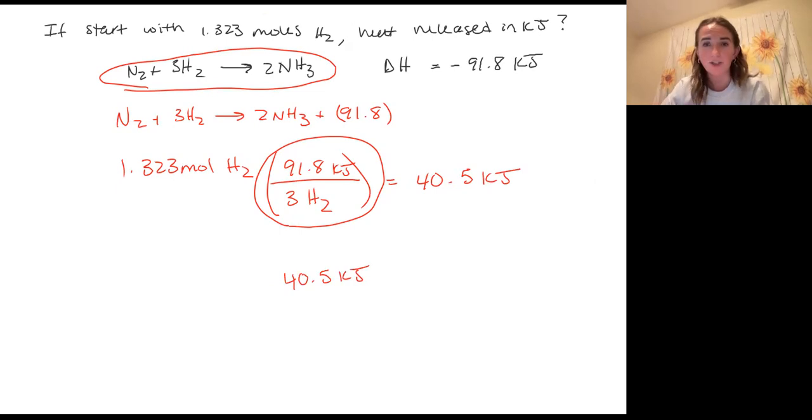So Maddie, it can either be positive and then you say it's produced, or you can just say negative 40.5 kilojoules. You don't want to say negative 40.5 kilojoules are produced. So you want to say 40.5 kilojoules produced or just negative 40.5 kilojoules.